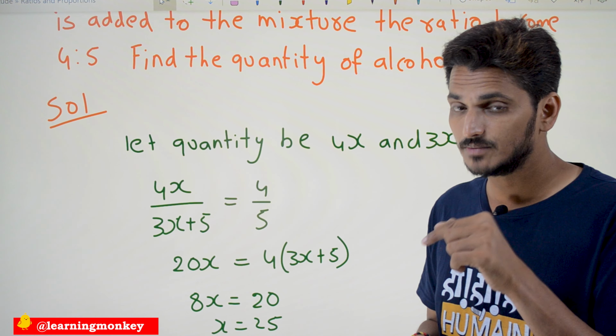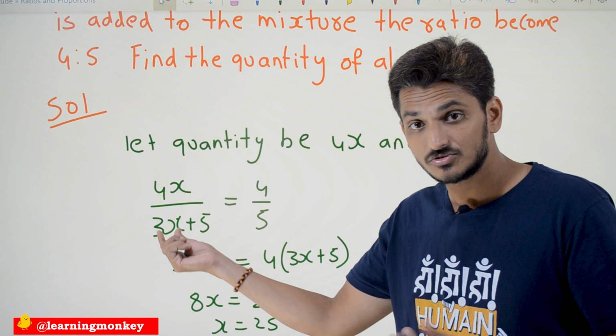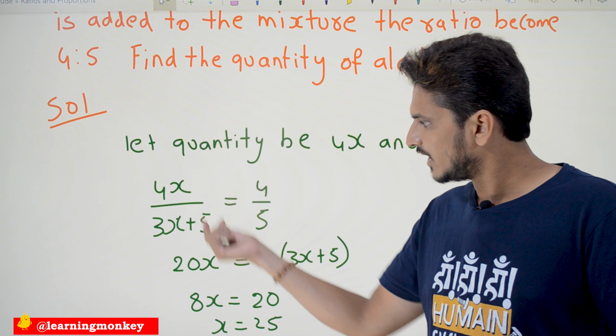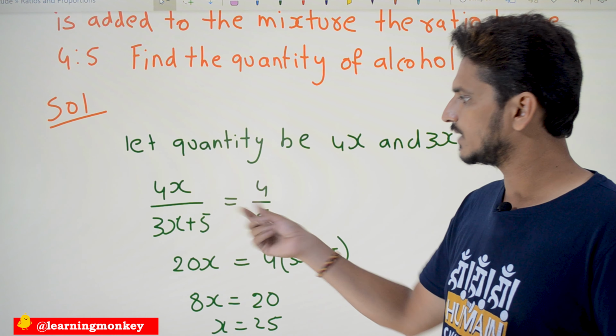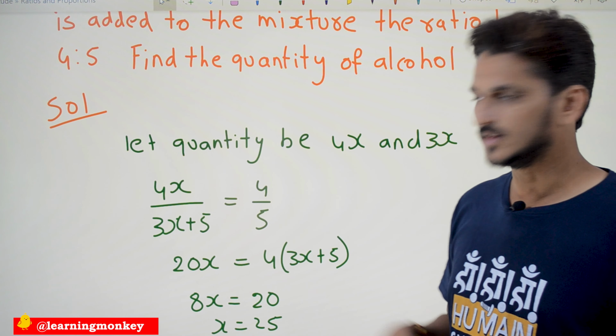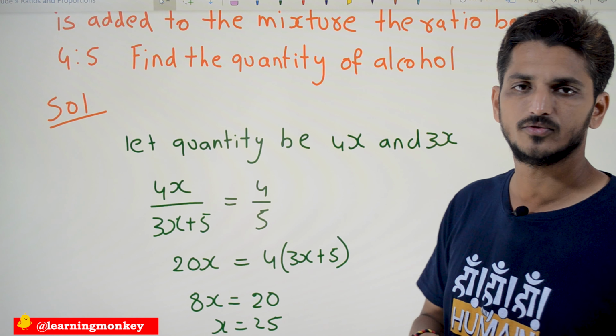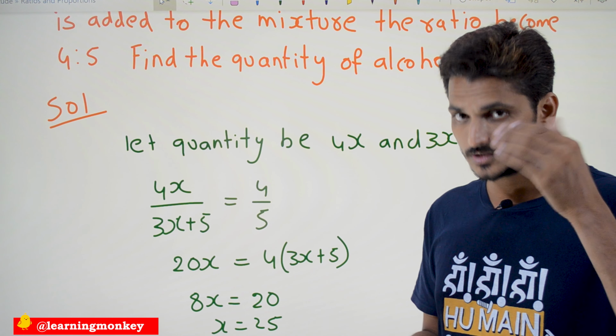But what's the second statement says? 5 liters of water added. Already mixture contains 3x of water. For that 5 liters is added. 3x plus 5. 4x by 3x plus 5 is equal to 4 by 5. The ratio changes to 4 is to 5. That can be written as in the fractions also we can write.